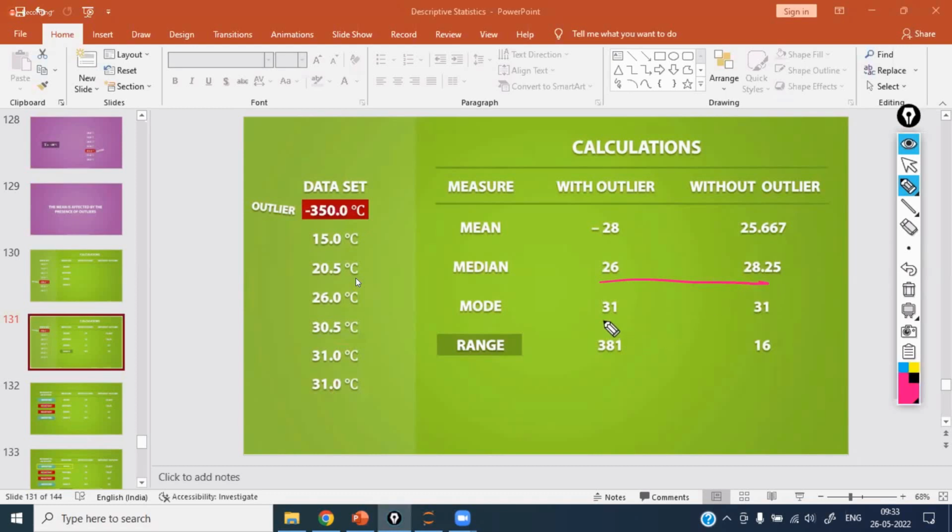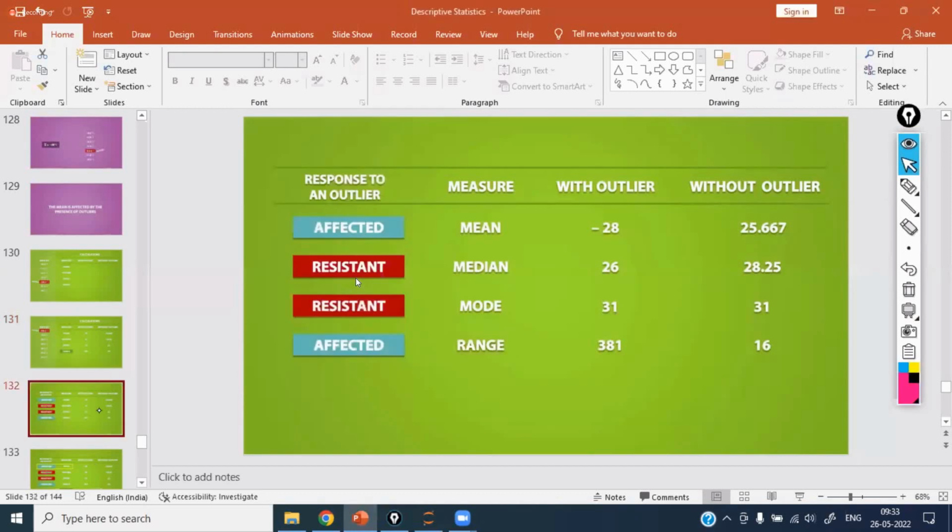The mode is not affected at all, whereas the mean is heavily affected. The range is also heavily affected. The median is also affected, but the effect is very small.